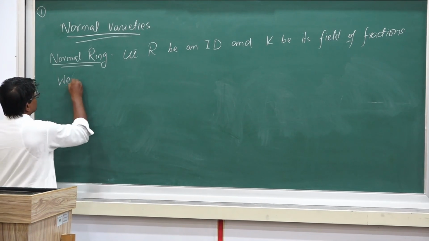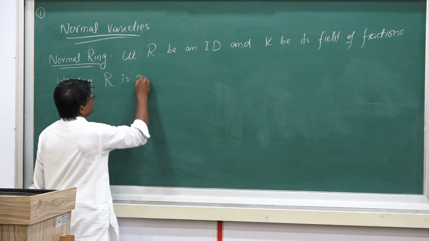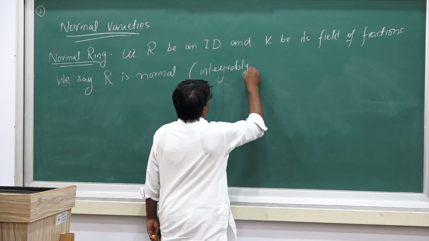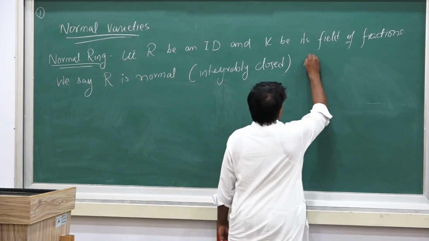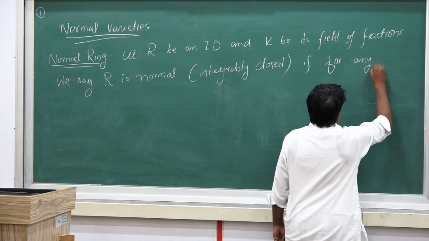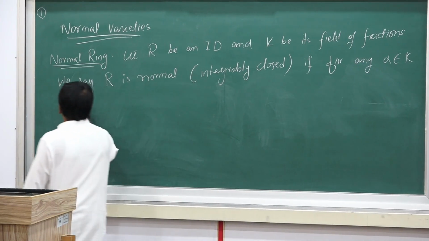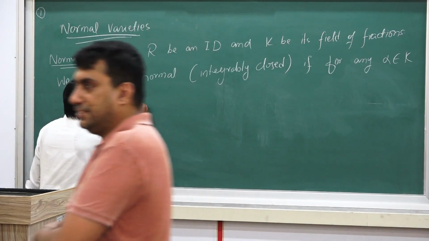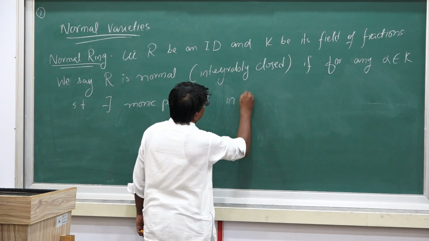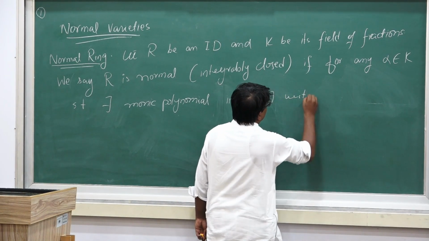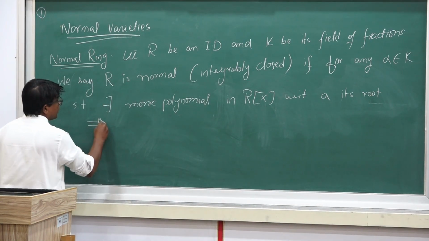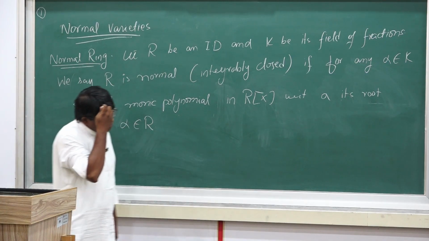We say that R is normal, or it is also called integrally closed, if for any alpha in K such that there is some monic polynomial in R[x] with alpha as its root, it implies that this alpha actually belongs to R. Okay.